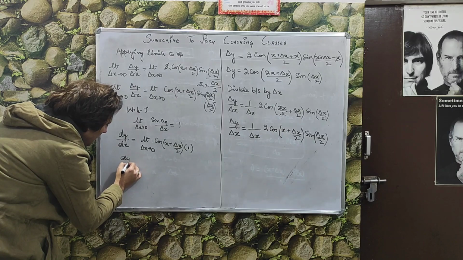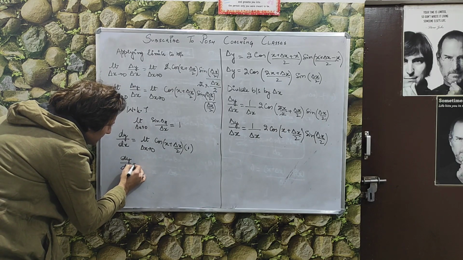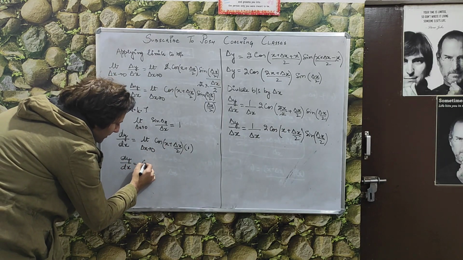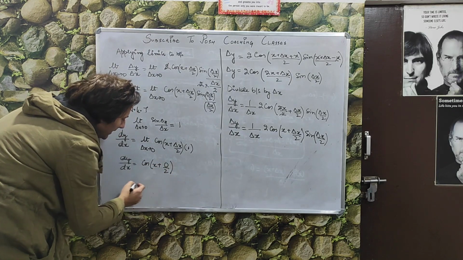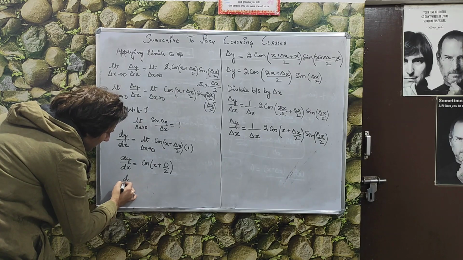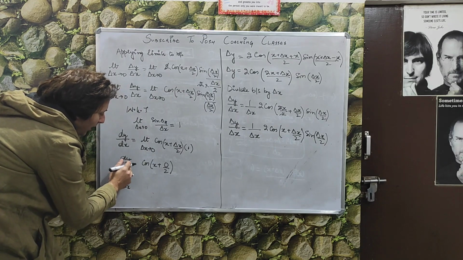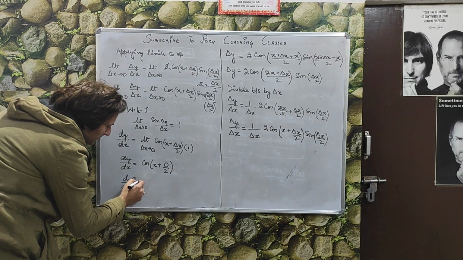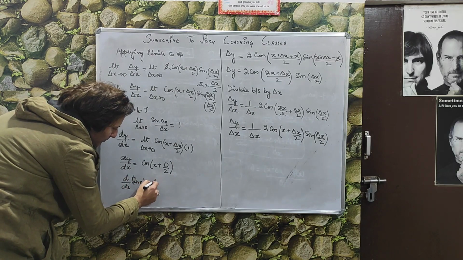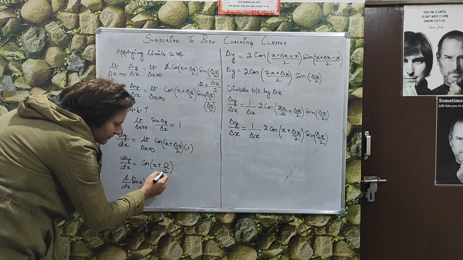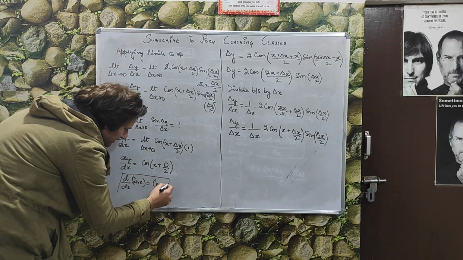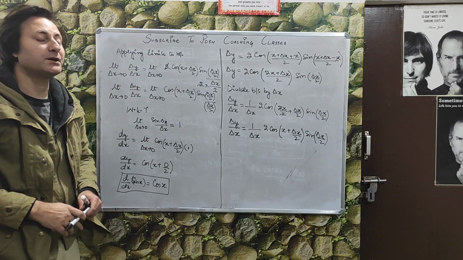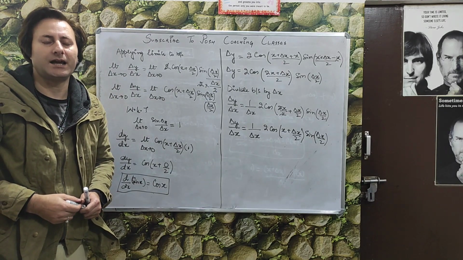Now dy upon dx is equal to, if I apply the limit, cos (x plus 0 upon 2). And now what is left is d upon dx of sine x is equal to cos (x plus 0 upon 2), which becomes cos x. So the differentiation of sine x becomes cos x. Is that clear?